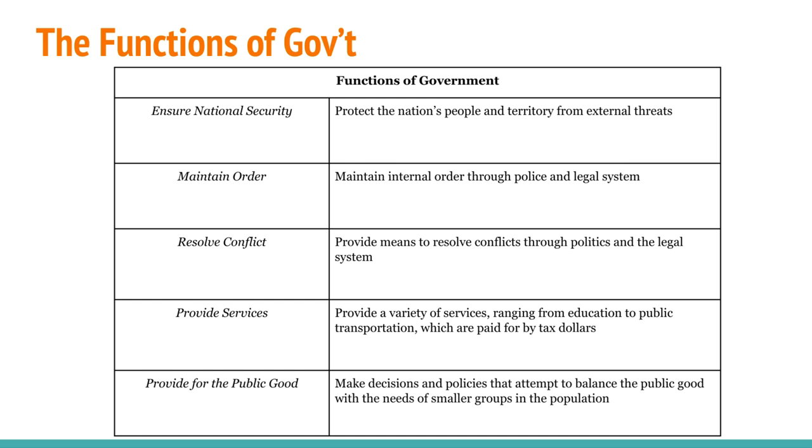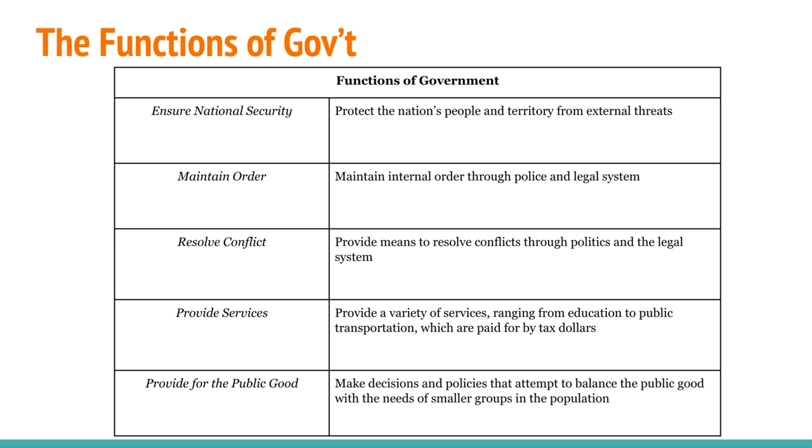The third function is that of resolving conflict. The way this manifests is the government does what it can to provide means to resolve conflicts through politics and the legal system. Conflict arises constantly in a group of people in a society.